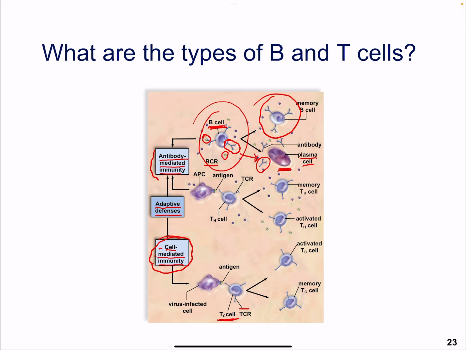The T cell receptors cannot recognize free-floating antigens. However, the T cell receptors only recognize antigens that are presented by our immune cells that have captured the antigen and are presenting that antigen. So this cell right here actually carries a fancy name.